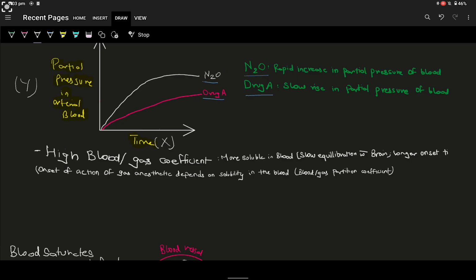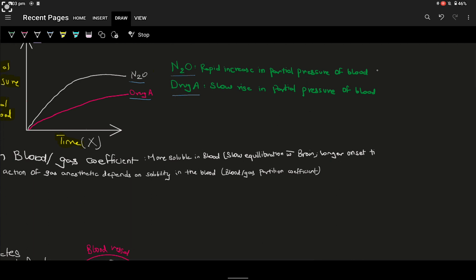As we can see, the nitrous oxide is having a rapid increase in partial pressure of blood. That is, after giving the nitrous oxide in the gaseous anesthetic form, it is quickly rising initially and then it plateaus.